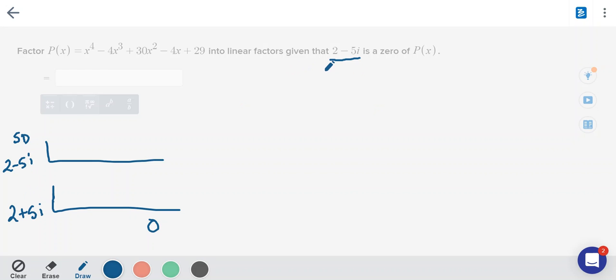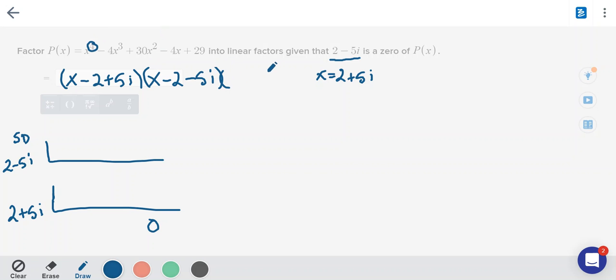And so I am going to write in my conjugate zero, and I'm going to turn these into their factors because that's part of my answer. And because it's a degree 4, I have 2 more. And let's see what happens when I put this together. Now, I do like the FOIL method, but you may use the box.